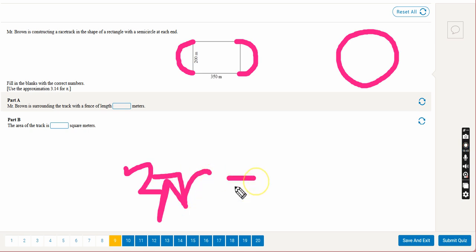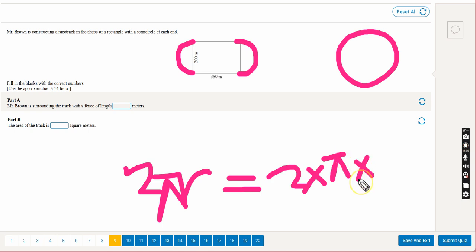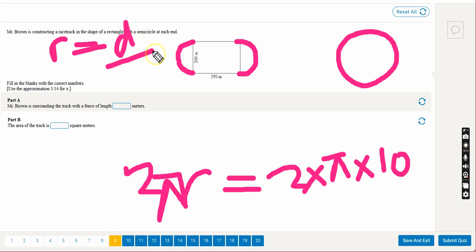What is 2 pi r? That's 2 times pi. They've given us the diameter, so we divide the diameter by 2 and get the radius, which is 100. Keep that in mind. Radius is equal to diameter divided by 2. 200 divided by 2, which is 100.